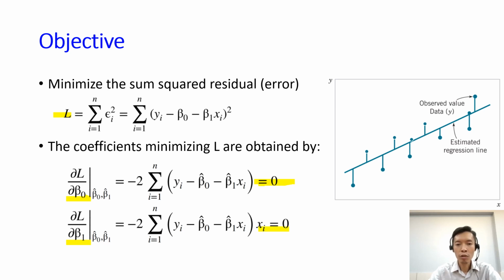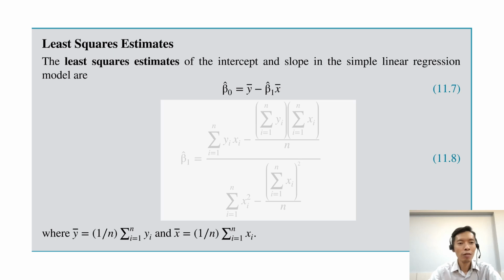And then we solve these two equations with respect to beta 0 and beta 1. Now solving the first derivative of the loss function with respect to beta 0 equals 0, we get that beta 0 must be like this.